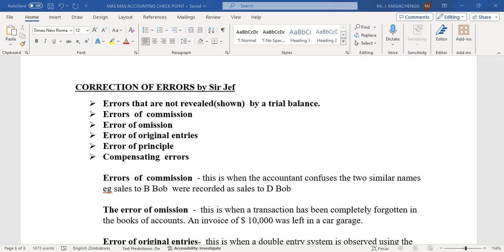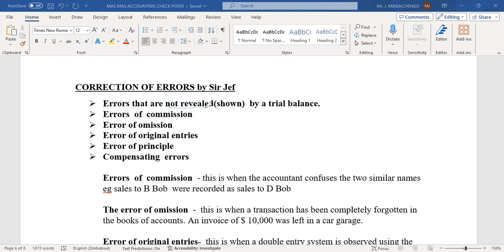Remember, a trial balance is a list of debit and credit entries. That's what we call a trial balance. But this time around, we want to identify the errors that are not shown by the trial balance.